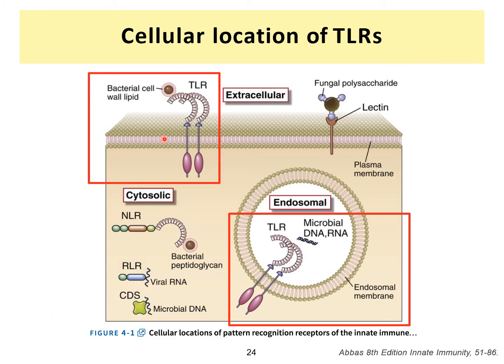Now the cellular location of TLRs: you can see the transmembrane, the exterior domain and the interior domain. The bacterial cell wall lipid comes and binds here in the exterior part, and this is the C-type lectin receptor, which attracts the fungal polysaccharide.